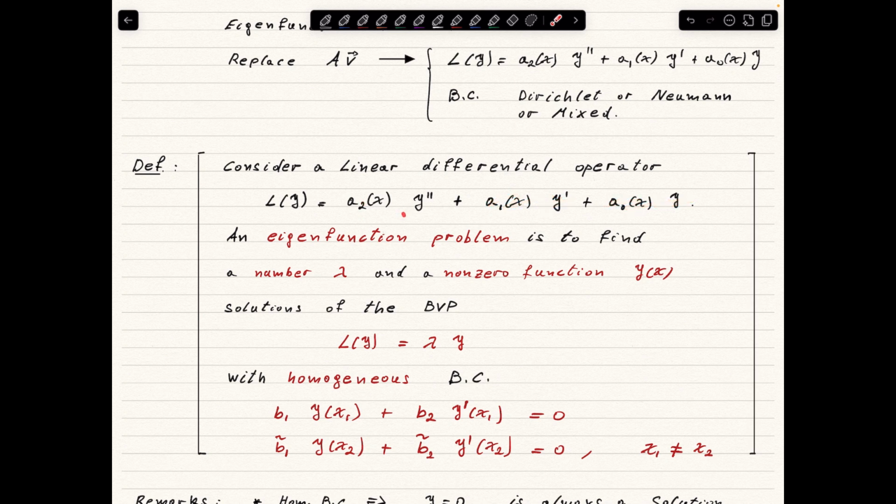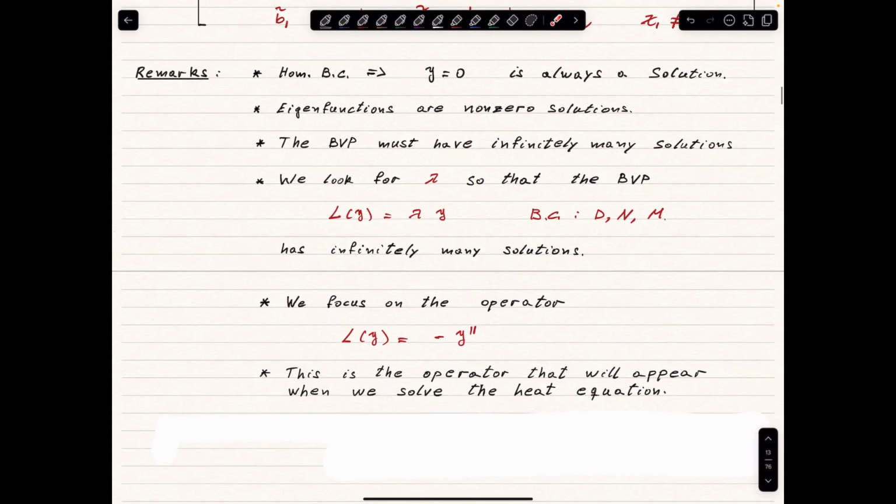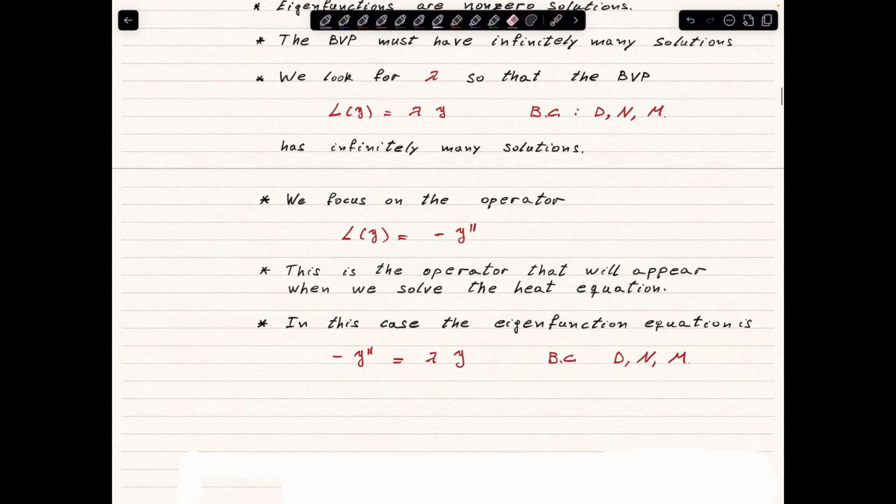Could be +1, but we are choosing -1. So that is not there, and this is constant. Why that? Because this is the operator that will appear when we solve the heat equation, and all the work we are doing in these videos is preparation to solve the heat equation. So that's what we want to do.